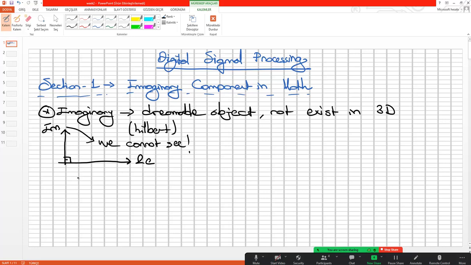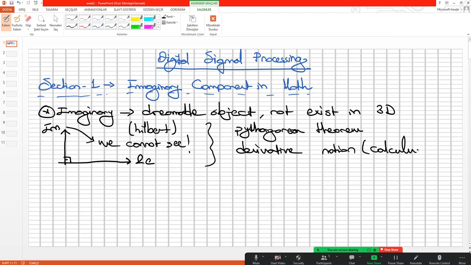In order to understand the imaginary, we need to comprehend two mathematical notions to prove that. First of all, we need to utilize the Pythagorean theorem, and also the derivative notion, which is derived in calculus, right? And so Newton found it.